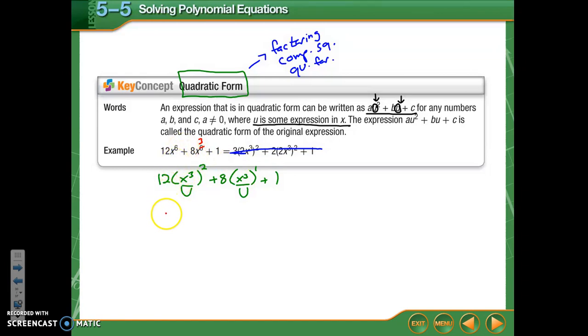Another way that we could think of this is I would be able to write 12x to the 6th as 3 times 4x to the 6th, and I could rewrite 8x cubed as 4 times 2x cubed, and then I have the plus 1. So you might be thinking, why are you doing this? Well, 4x to the 6th is 2x cubed quantity squared.